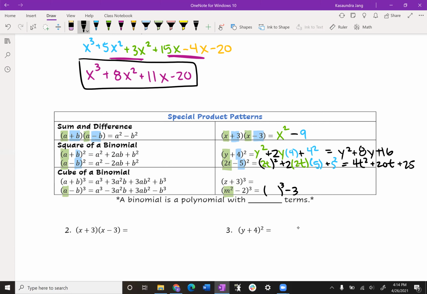Minus 3 times a squared. Again, my entire a is the entire m squared. And the b in this case, what I was subtracting, was a 2. So then times 2. And then you've got plus 3 times a times b.